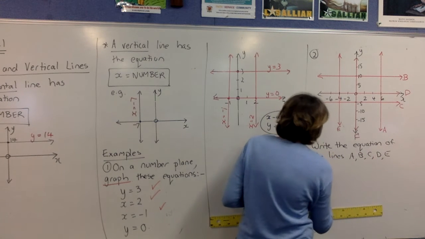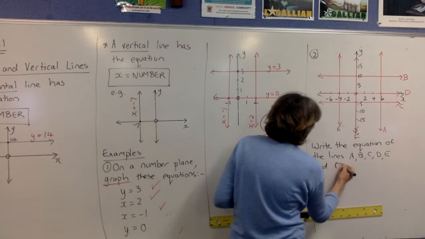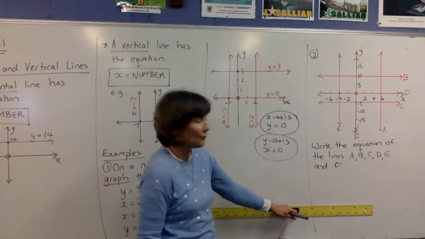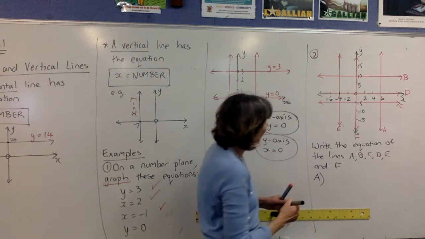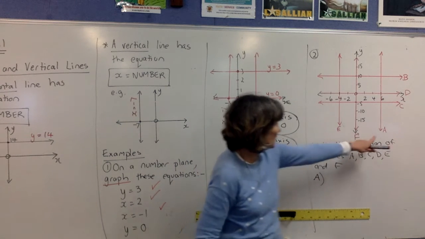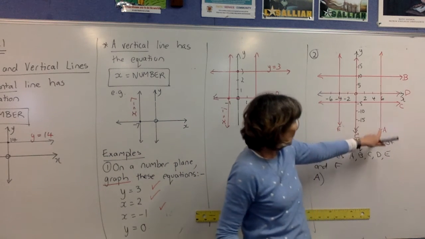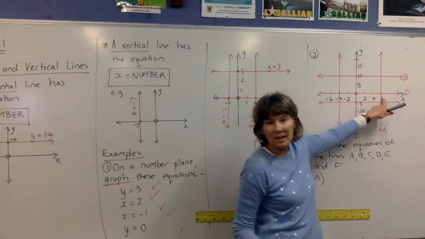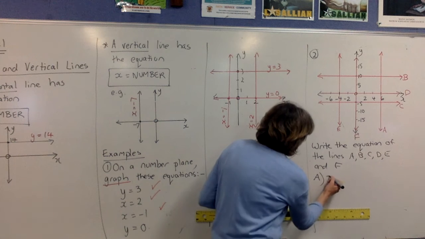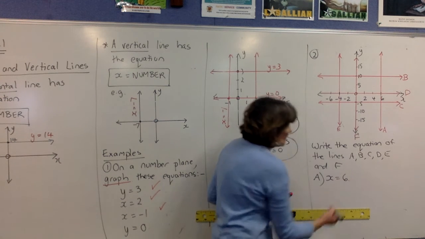So we have 6 lines to write the equations of. We're just going to find the lines first and then we can write the equation. So the first one is A. Where's A? Here it is, this one. So have a look at what A is doing. It's going through the x-axis at 6. So its equation is x equals 6.